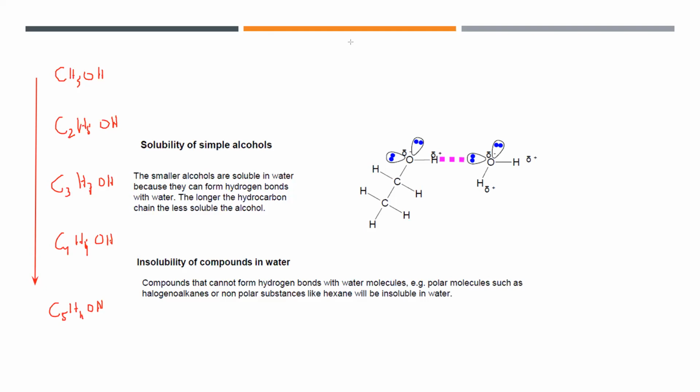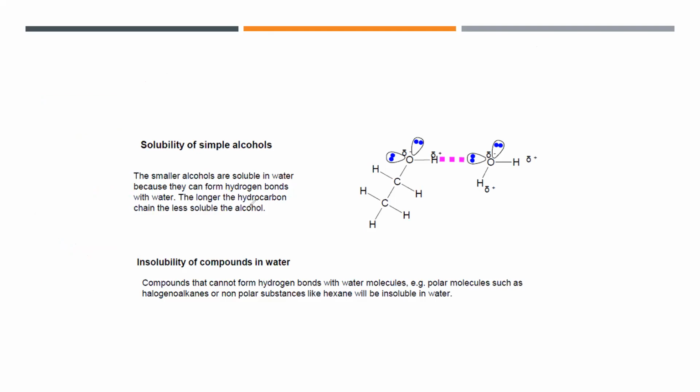Methanol will have a greater solubility. It will be more soluble as compared to pentanol. That is because methanol can form a hydrogen bond easily, but pentanol, as more carbons are there, will find it difficult to form a hydrogen bond with water molecules.